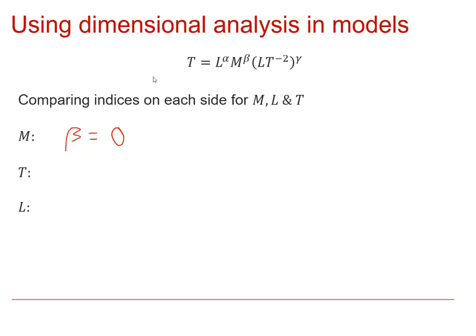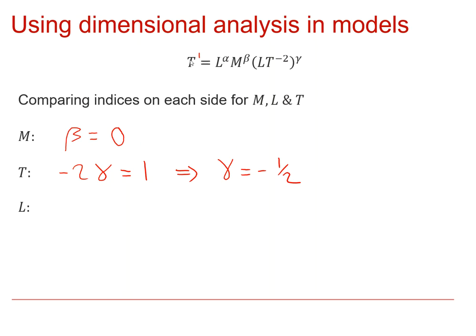What about T? Well, on the left hand side we have T to the power of 1. On the right hand side I've got T to the power of minus 2, and then that is in turn raised to the power of gamma, so we can say that minus 2 gamma equals 1, and from there we can therefore infer that gamma is equal to minus a half.